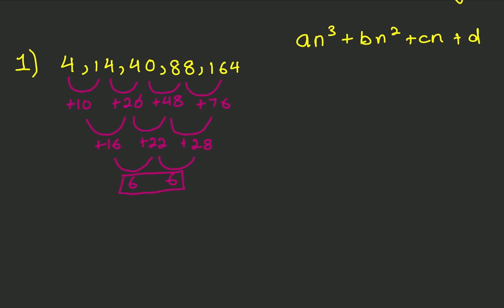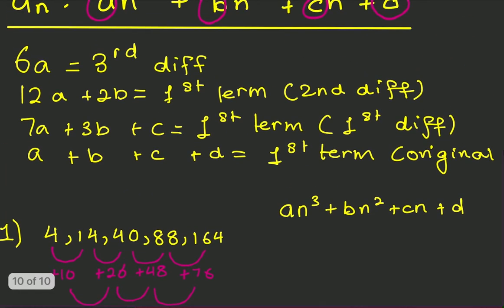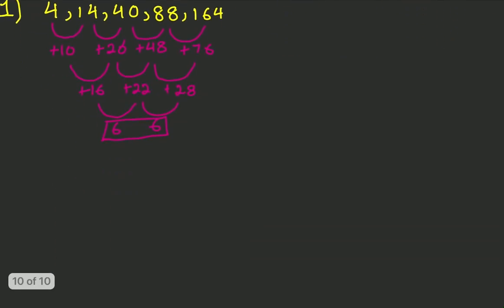Simply, we use the formula. As I said, 6a is the third difference. So 6a is equal to 6 and a is equal to 1. The 6 comes from the constant value here.